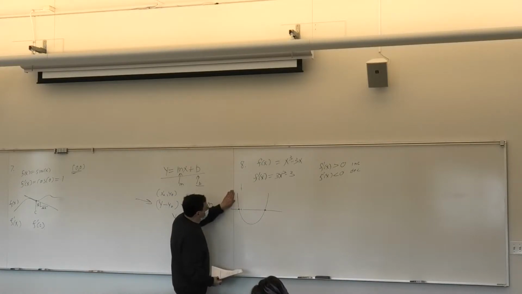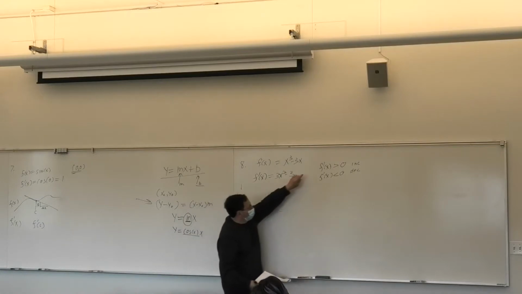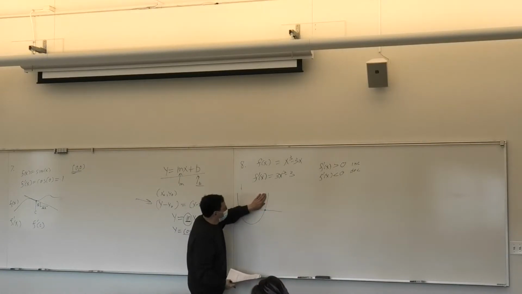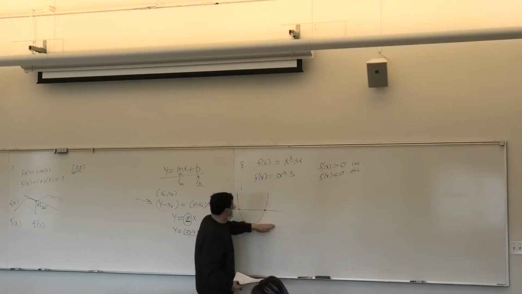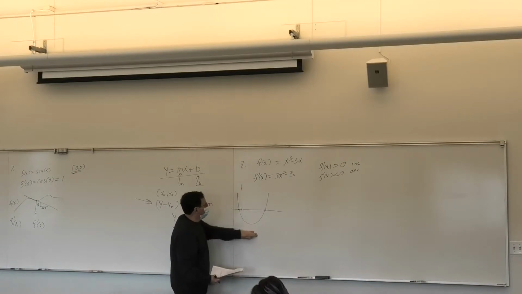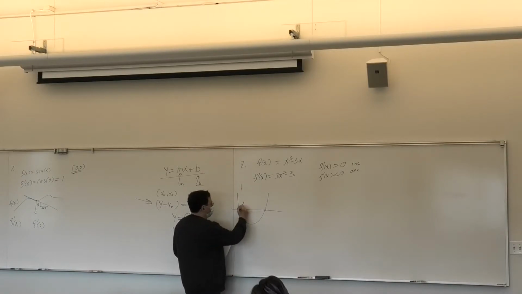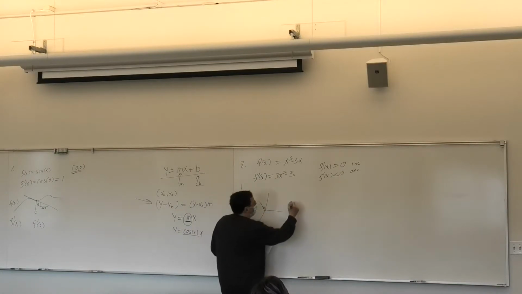In one place it's greater than 0, so the function will be increasing. Another place it'll be increasing, and somewhere in between it'll be decreasing. So we just really have to find out the intervals. We have to find out those 2 points.